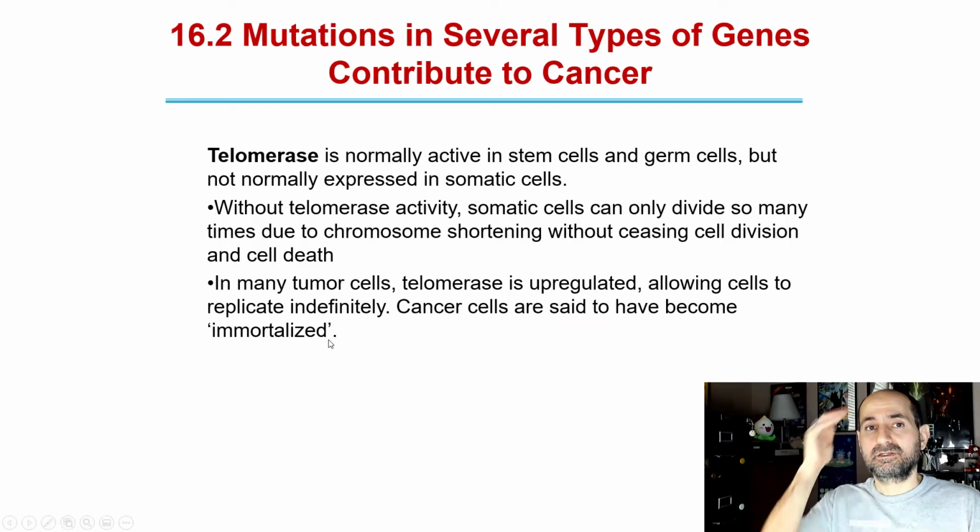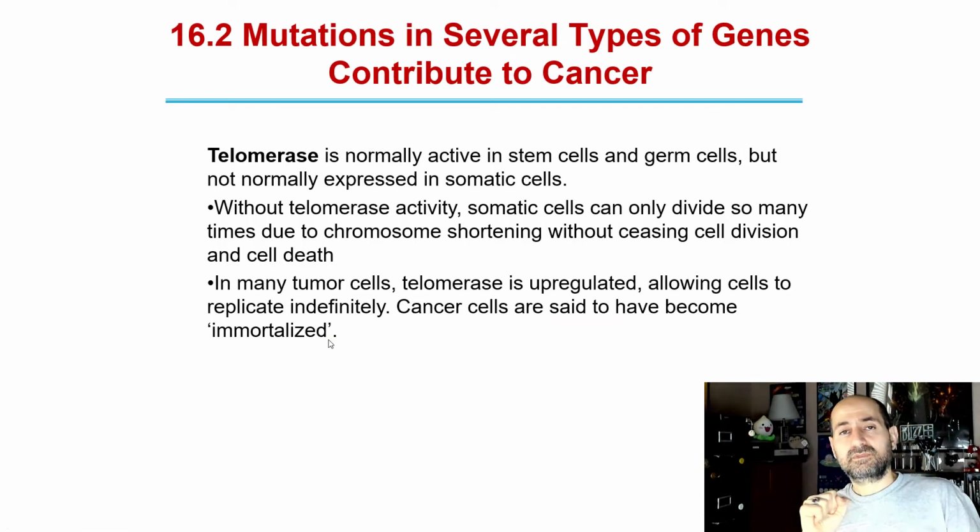Isn't that interesting? Did you guys follow that? Your stem cells and your germ cells are the only ones that are supposed to be able to replicate indefinitely. Your somatic cells, like your skin cells, they're not supposed to replicate all that much without stalling out. This is by design.